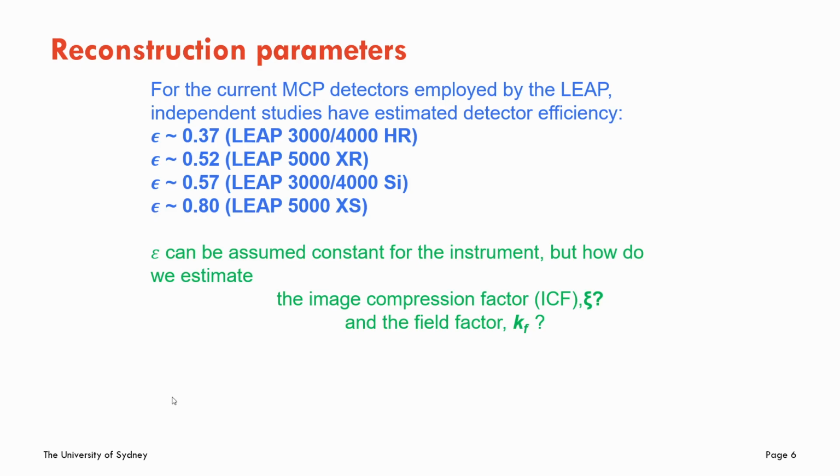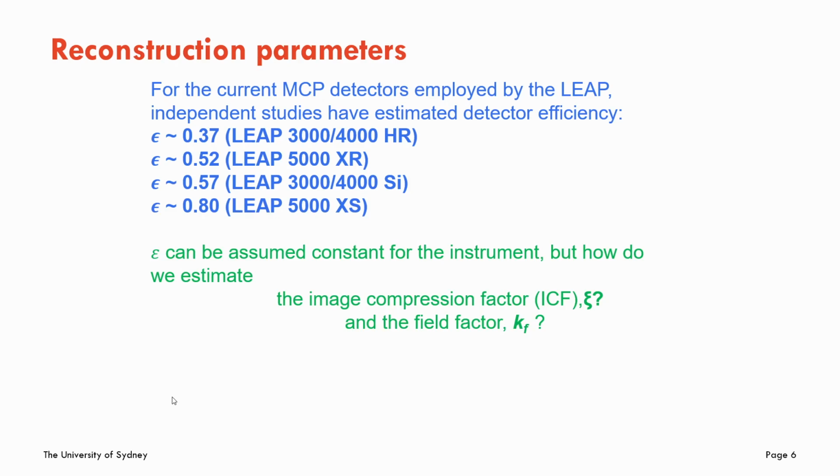If you've got a LEAP 3000, 4000 reflectron, you're probably getting a detector efficiency of about 0.37. If you're lucky enough to have a 5000 with reflectron, you're getting about 0.52, or 52% detector efficiency. LEAP 3000, 4000 SI, so the straight flight path, is about 0.57. And if you've got a 5000 straight flight path, it's 0.8.